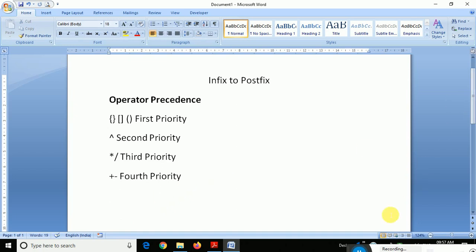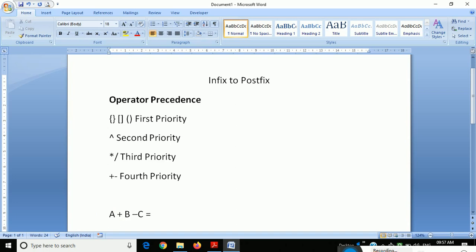Now about the rule. In infix to postfix, the expression is given, like a plus b minus c, and we have to make this a postfix.